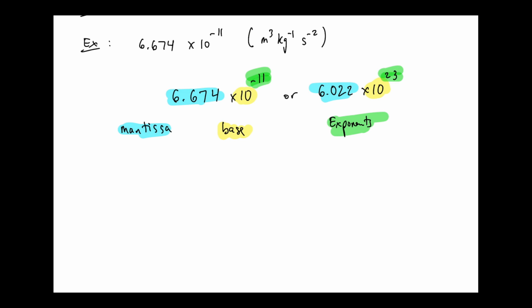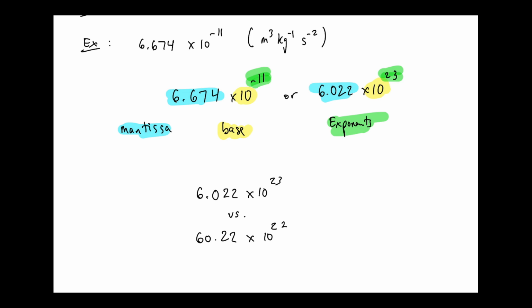Okay. Now the other thing is, let me take the 6.022, just for sake of example. Okay. Are those the same number? So 6.022 times 10 to the 23rd versus 60.22 times 10 to the 22nd.